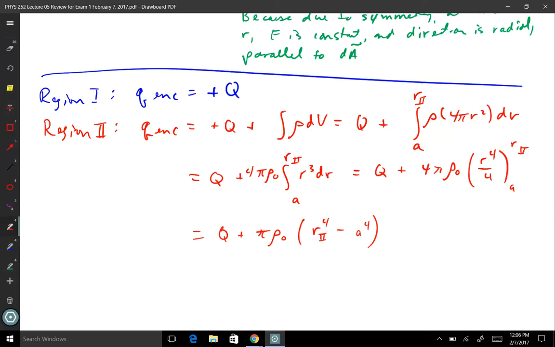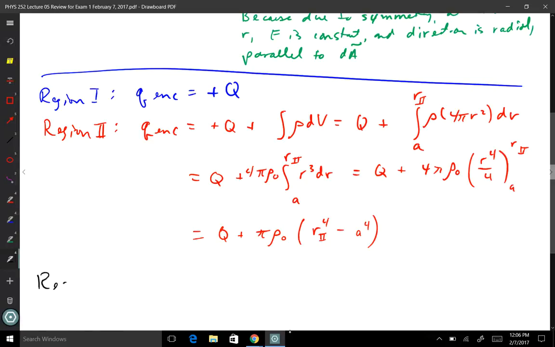And just like with the cylinders, region 3 is going to be reasonably trivial. What's the difference between region 2 and region 3?